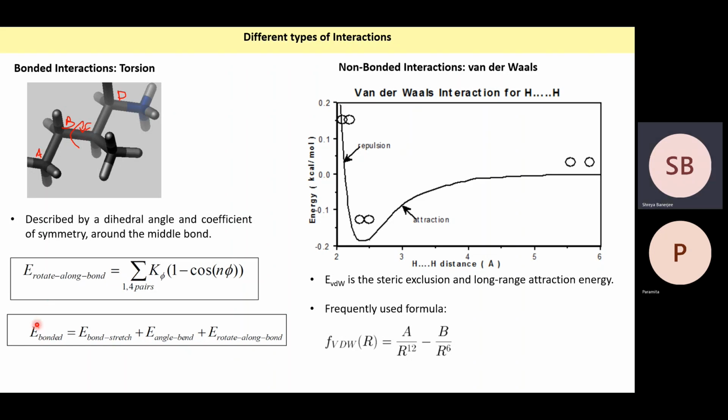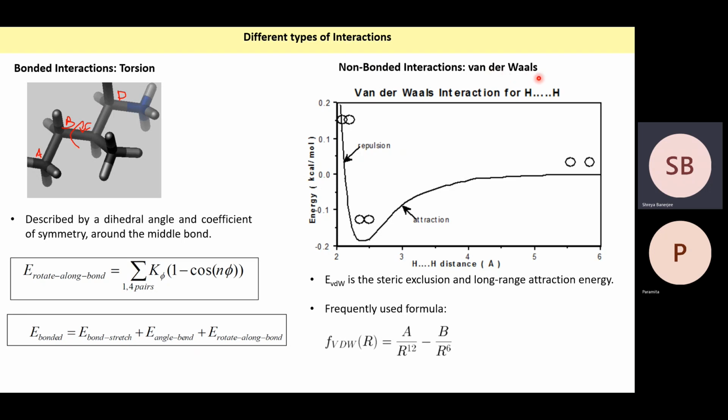So the energy of bonded interactions is calculated by adding up the energy of the stretching interaction, the energy of the angle bending interaction, and the energy of rotation along the bond or the distortion of the torsional angle. So there are three kinds of bonded interactions. Now we'll go to the non-bonded interactions.